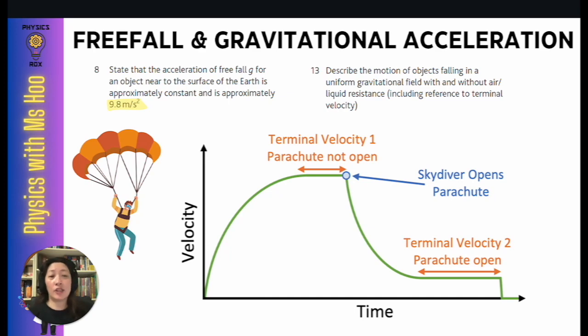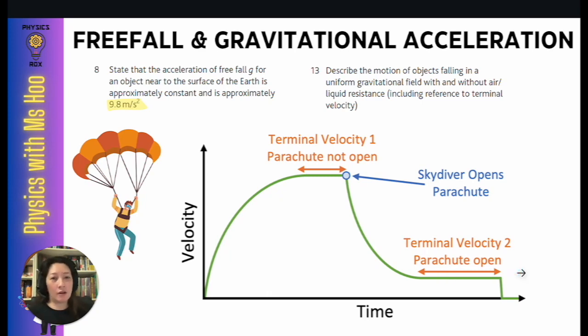The kind of questions that have appeared in past year questions could include the entirety of this graph, or the first part of the graph, or the second part of the graph, or maybe even ask you to draw the graph. So the shape of the graph is very fixed. You don't change the shape of the graph. You need to know the shape and know what's happening at each area and point on the graph.